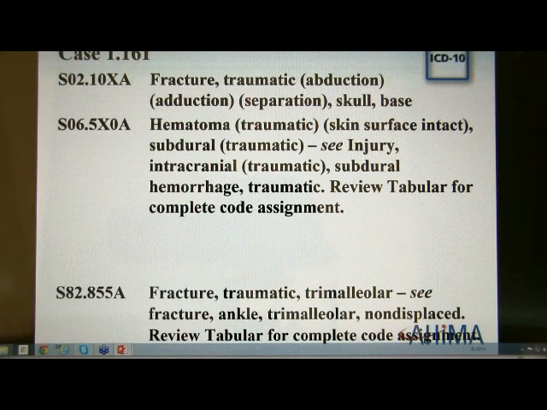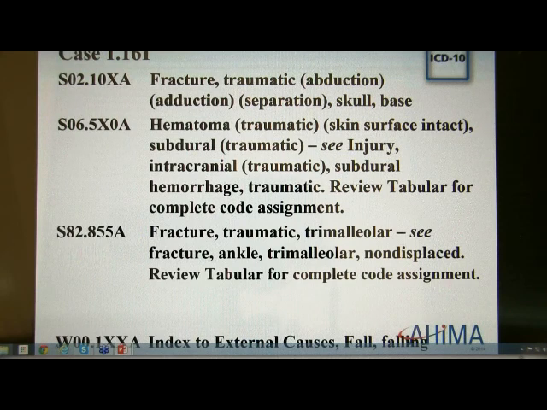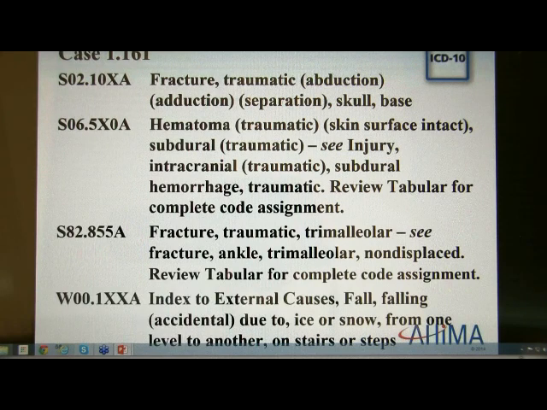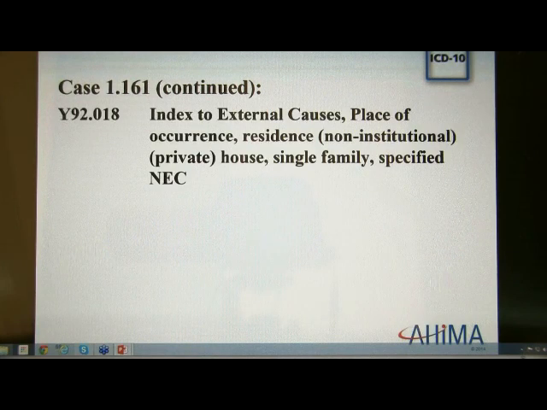We have the reason that this patient fell or got hurt was falling due to ice or snow from one level to another, so that's stairs or steps. We also have a code for where this happened. This happened at her single-family residence.